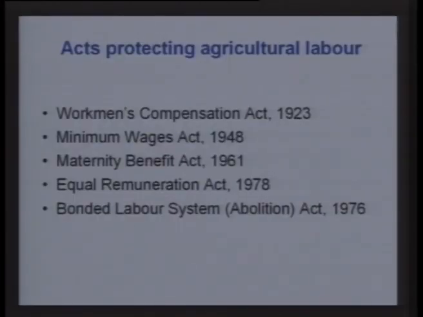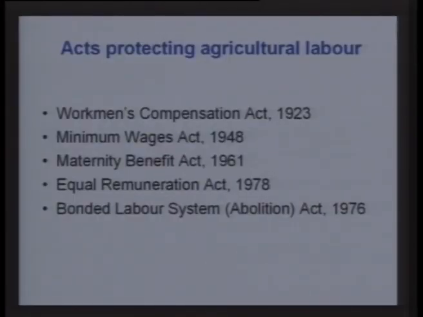The third act is the Maternity Benefit Act, which was passed in the year 1961, and this has been enacted in order to protect the female workers who, in the event of pregnancy, are unable to continue to work.